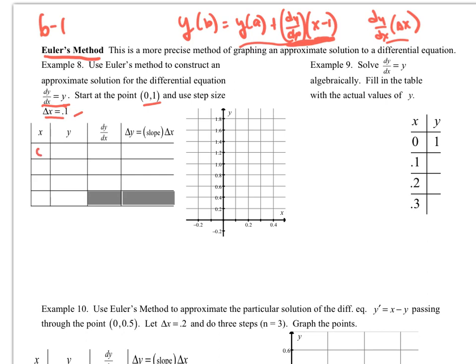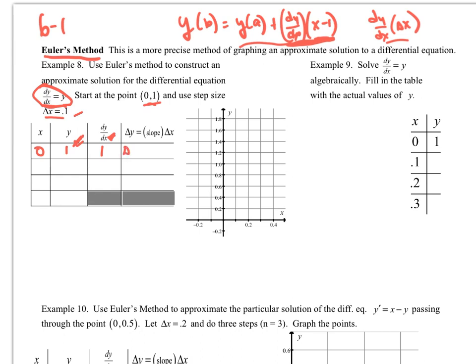So I'm going to start off with this point. We always start off with our initial point and then find the slope at that point. Well, they tell me dy dx is equal to y. That's just the same as this y coordinate right there. So whenever I have something here and this y coordinate, it's going to be the same thing here for this particular example. And then we want to know how much our delta y is going to change.